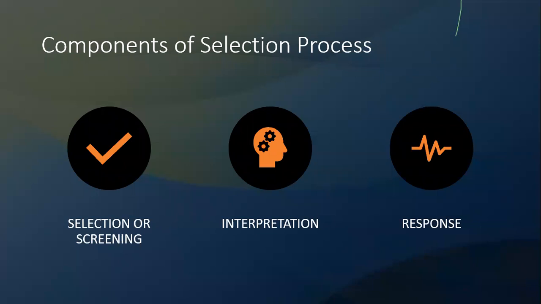And once your mind has interpreted it, it is followed by a response. So if your mind interprets it as something dangerous, your response will be to flee. If your mind interprets it as something nice, your response will be to move near it or to continue the experience. You understand? So those 3 steps together make up the perceptual process.